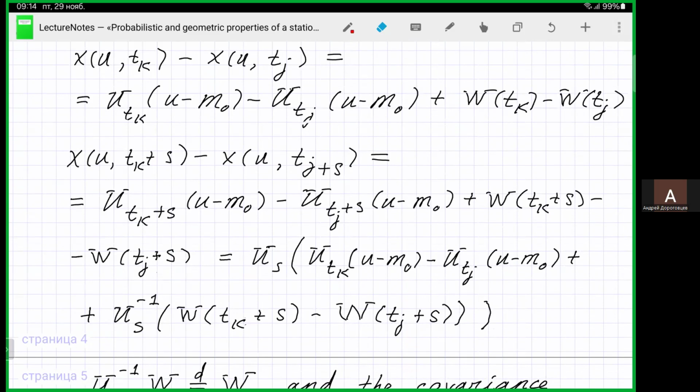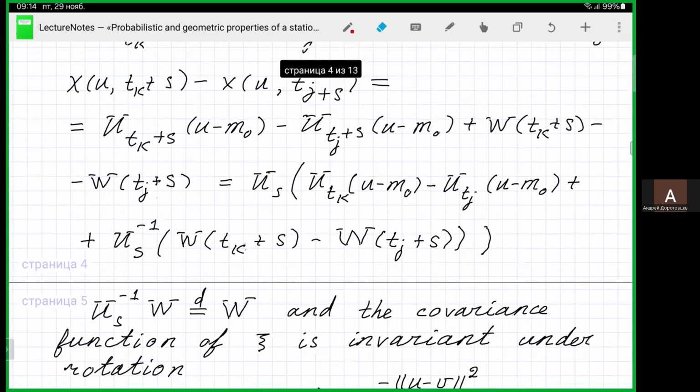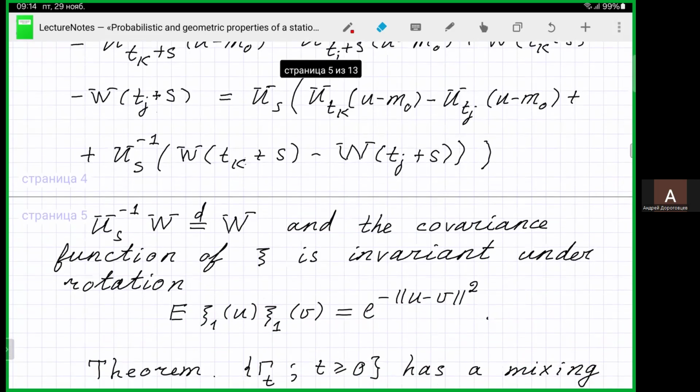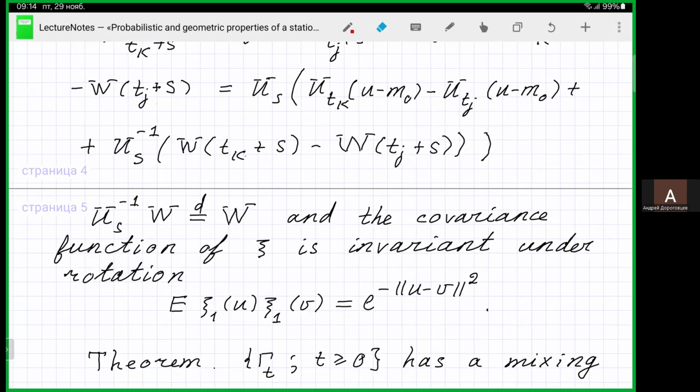And now let me recall that U_s^{-1} applied to the inner process W is again a process, because s is fixed and U_s is a unitary operator. So using that the covariance function of psi is invariant under rotation, we get stationarity.